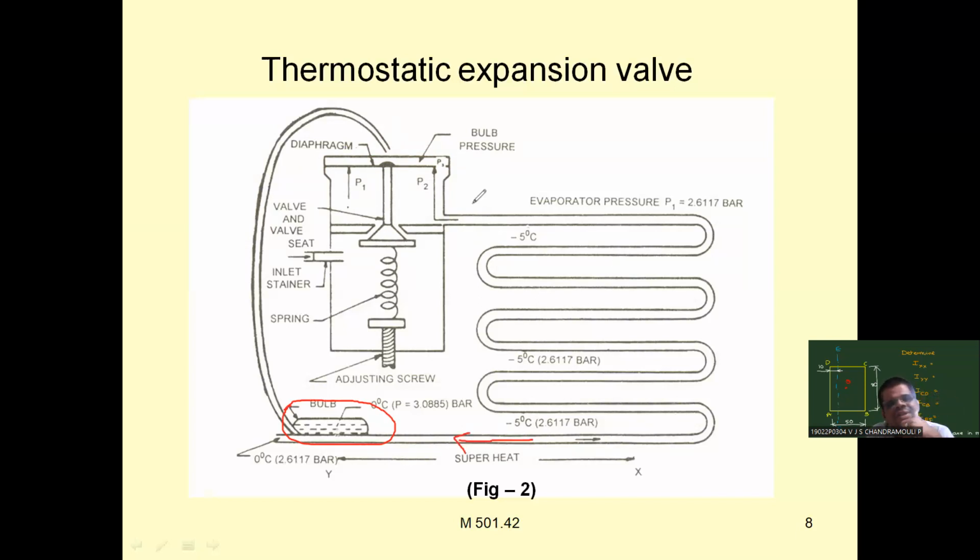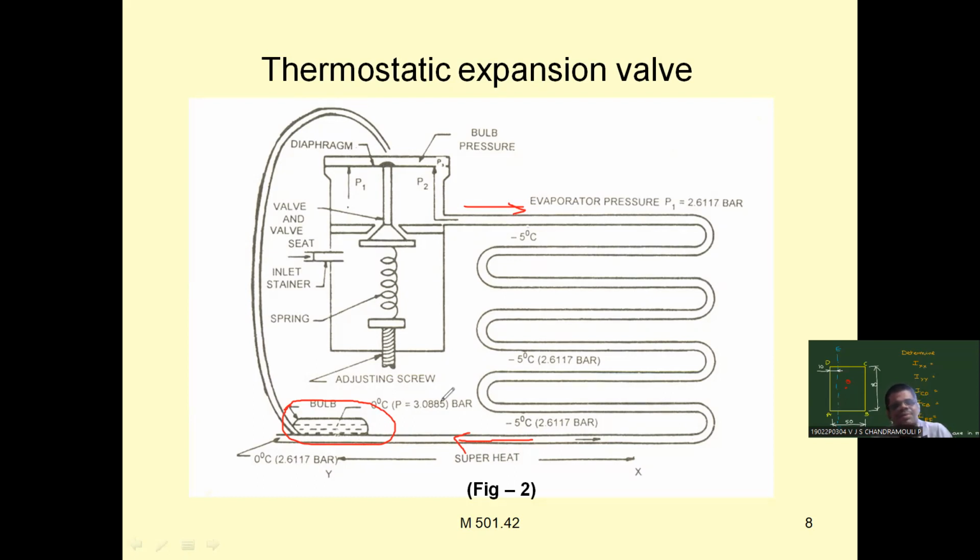The liquid refrigerant moving into the evaporator is initially a liquid with low temperature. This refrigerant absorbs heat in the evaporator during its flow, and finally it is converted into vapor, and sometimes into superheated vapor. So this bulb senses the temperature of the superheated vapor.